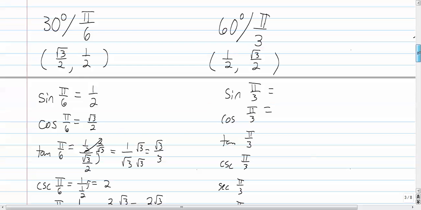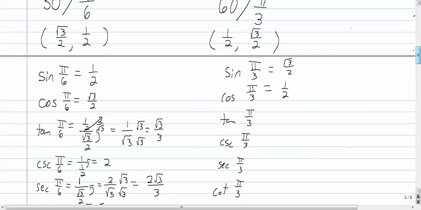So if we have this point for 60 degrees or pi over 3, we have the point 1/2, square root of 3 over 2. The y coordinate, sine, is square root of 3 over 2. Cosine's the x coordinate, that's 1/2. Tangent is sine divided by cosine, well, or y divided by x.